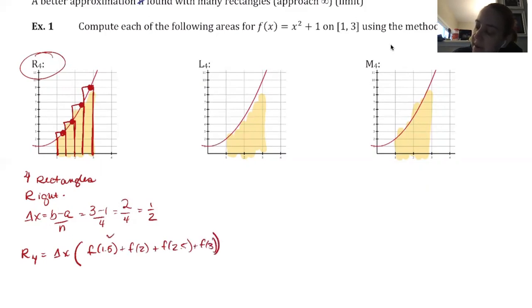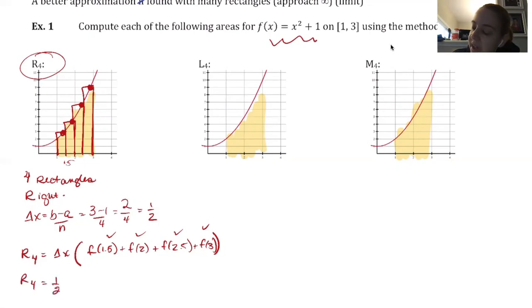So I have my 4 rectangles, and I'm going to evaluate the function at those x values. Why did I start at 1.5 and not 1? Because I'm looking at the right-hand side of the rectangle. I'm over here at 1.5. So I'm going to put 1.5, 2, 2.5, and 3 into my function, x squared plus 1.